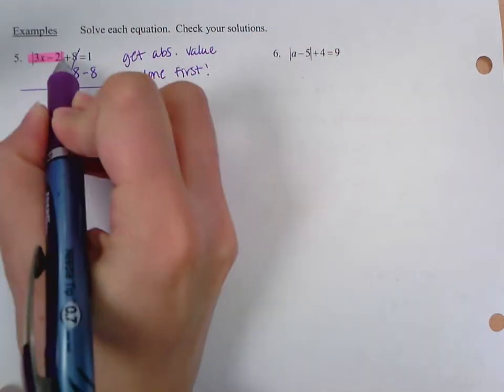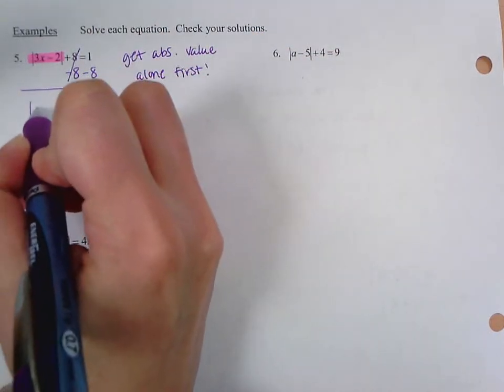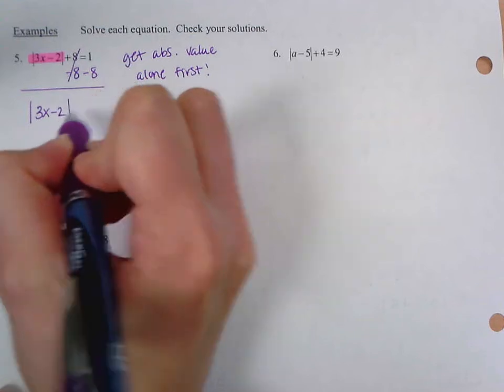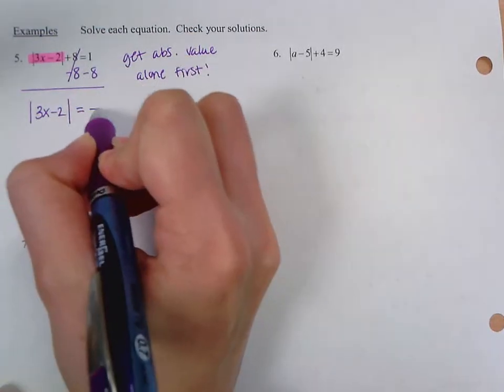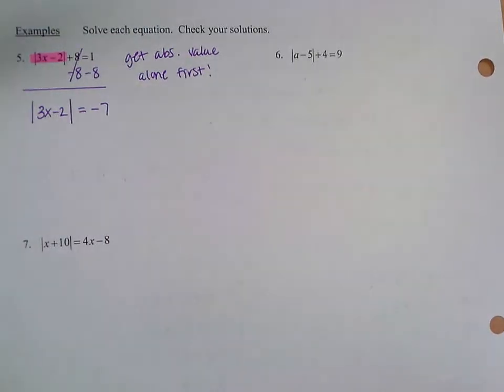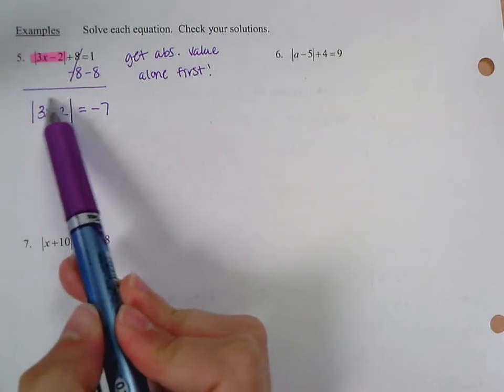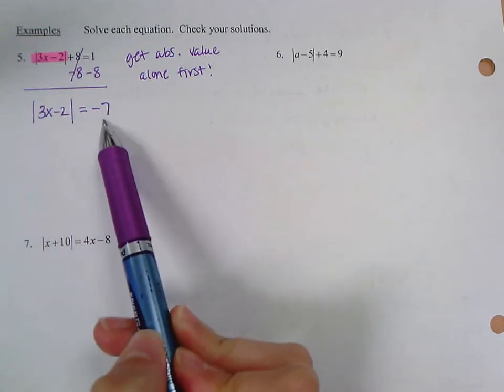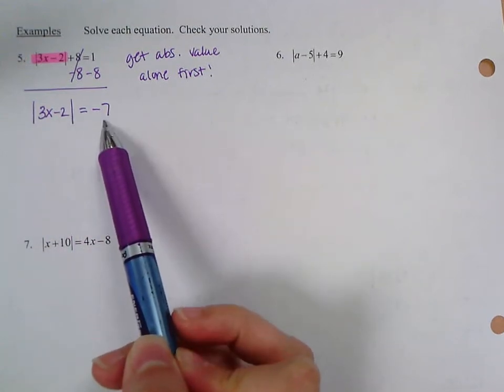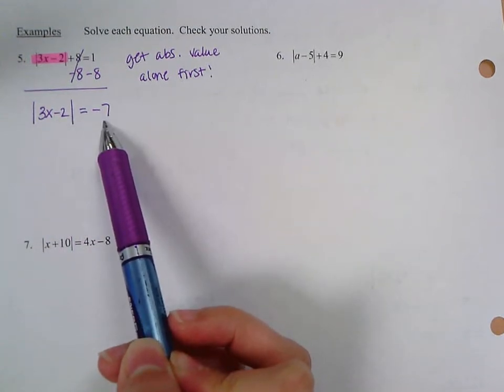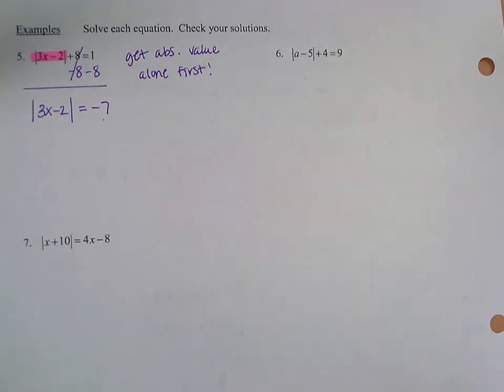So I still have my absolute value bars. Absolute value of 3x minus 2 is equal to 1 minus 8, which is negative 7. Okay, now there's another thing about this particular problem that's a little bit different. Once I got my absolute value bars alone, I have a negative number on the other side of the equal sign. So we said absolute value has to be positive or 0.